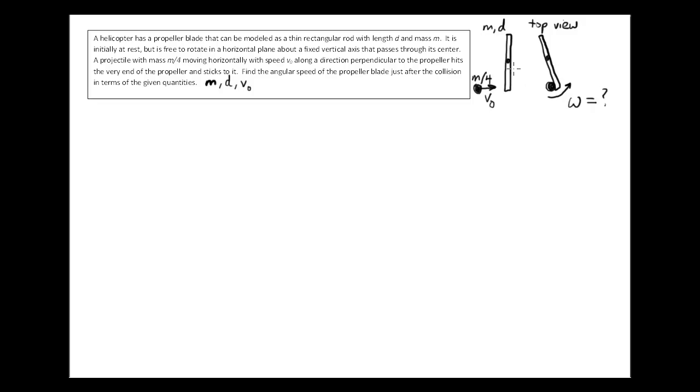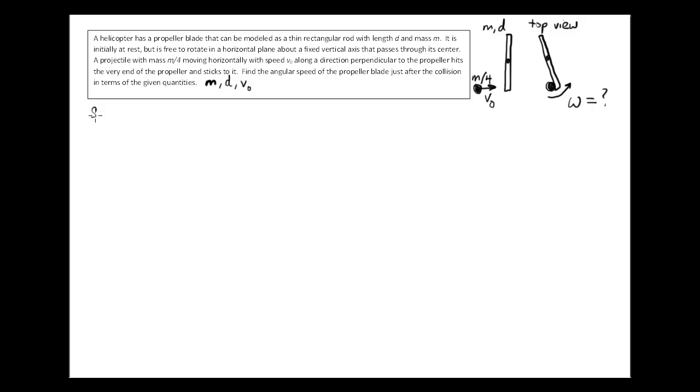We also know that momentum's not conserved because when the propeller blade and this mass begin to rotate, there's a force acting on them towards the center that keeps the whole system in circular motion, and that means there is an external force acting on the system, so momentum is not conserved. But that force acting on the propeller at the pivot produces a torque that's equal to 0 because the force is along a direction that passes through the pivot.